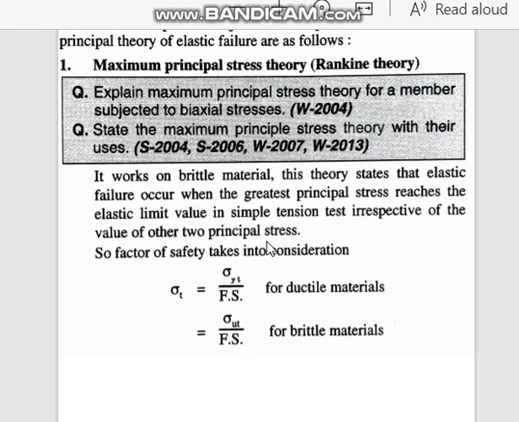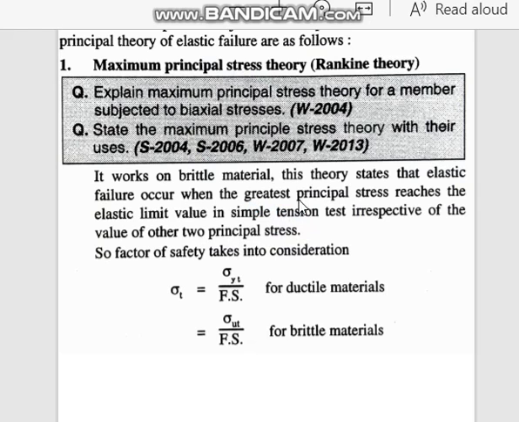You see, we have three principal stresses as we have seen before: maximum principal stress, minimum principal stress, and maximum shear stress. Out of this is maximum principal stress theory.